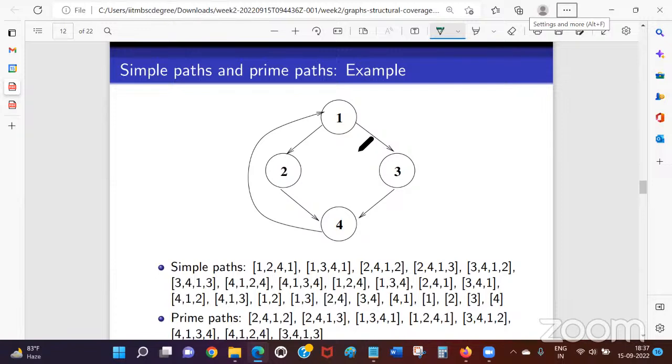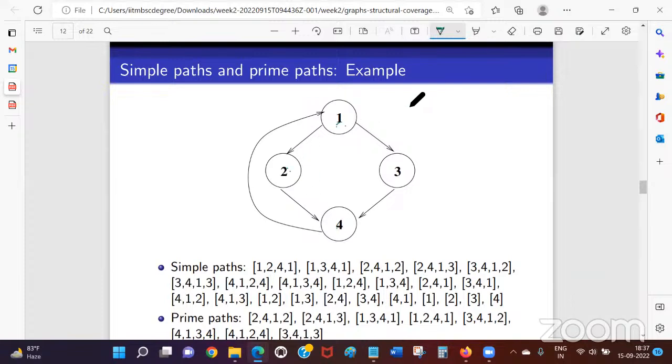Nodes can be repeated only if the starting and ending node of the path are the same. Otherwise, they never could be repeated. So 1, 3, 4 could be a simple path. Again, 1, 2, 3, 1, 2.